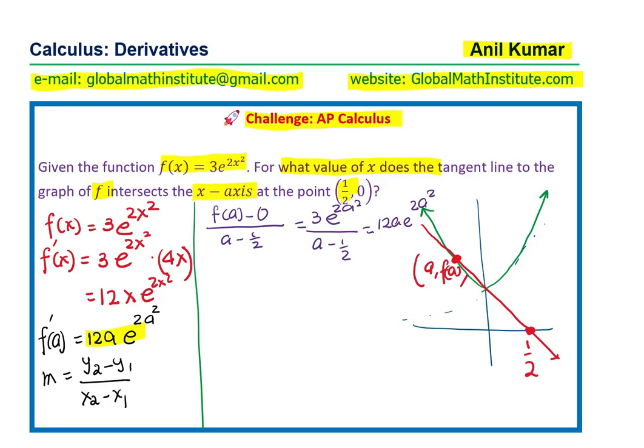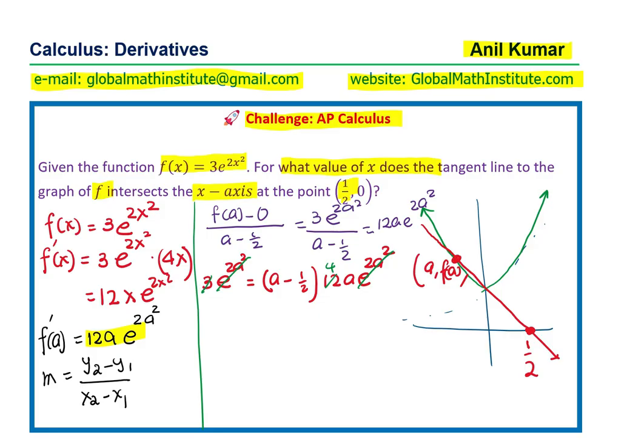Now we have an equation which can help us solve. So let's solve it. We solve the equation 3 e to the power of 2a squared equals a minus half times 12a e to the power of 2a squared. So e to the power of 2a squared cancels, and 3 also goes 4 times, correct?